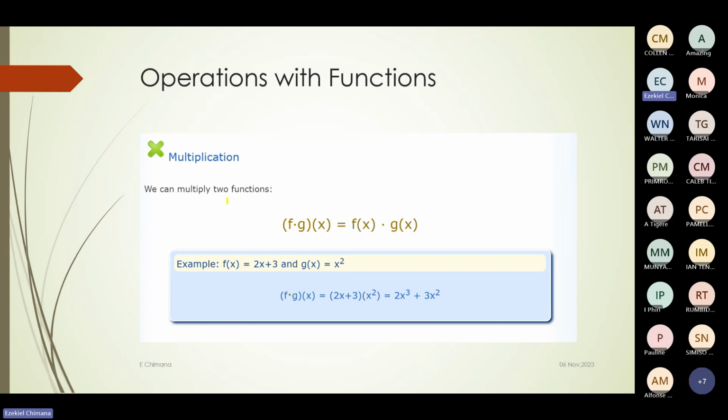And then on the multiplication, you just multiply those two functions, and this is the notation for multiplication: f of x times g of x, where this dot is for multiplication. So what you just do is 2x plus 3 times x squared, and you know the multiplication. x squared times 2x is 2x cubed, then x squared times this 3, you're going to get 3x squared.